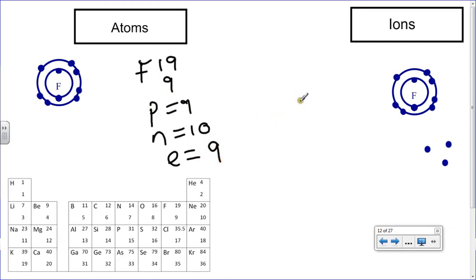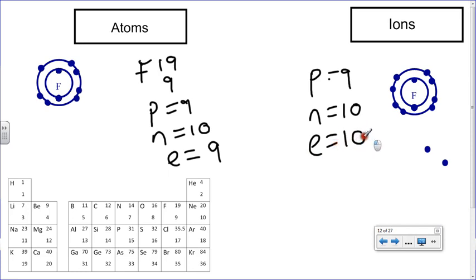Of course, fluorine wants to become stable, and it can do that by either getting rid of 7 electrons, which seems like a lot of hassle, a lot of hard work, or it could quite simply just gain 1 electron, and that's what it does. So now we've got 9 protons, 10 neutrons, and of course it's gained 1 electron.